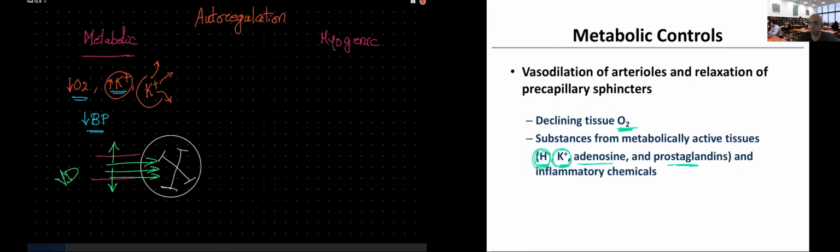If you constricted this vessel, what's going to happen? You're not going to be increasing the pressure, you're going to make it more difficult for the blood to get in. Here we're looking at a localized issue, not a generalized issue.